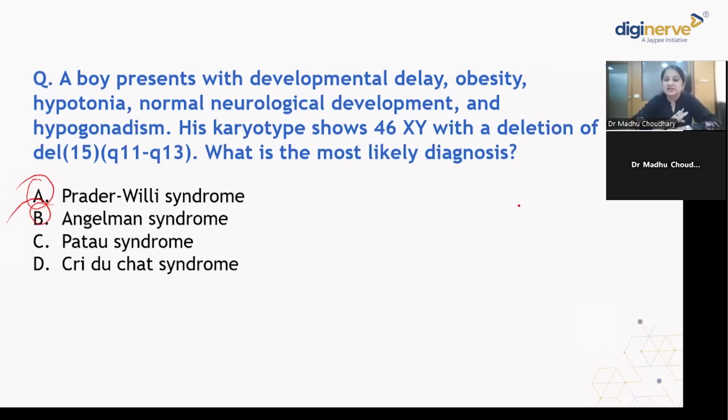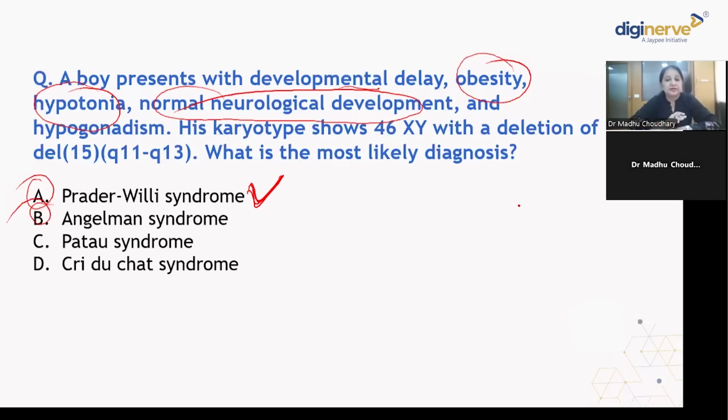Now, just see the features. Developmental delay, very important, obesity, hypotonia, and normal neurological development. So this is a case of Prader-Willi syndrome.